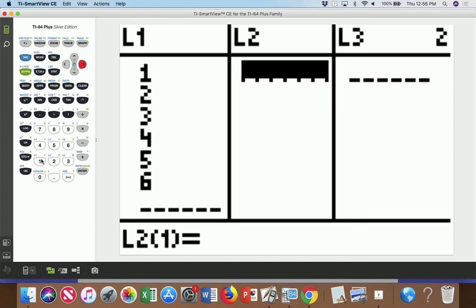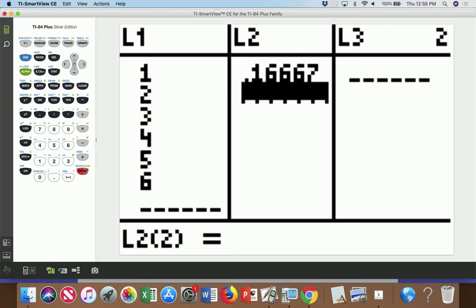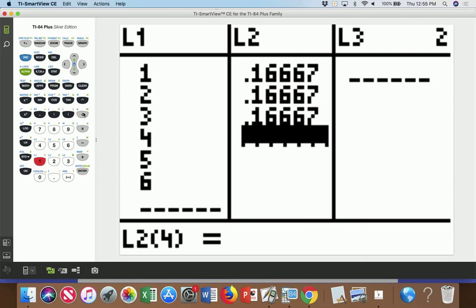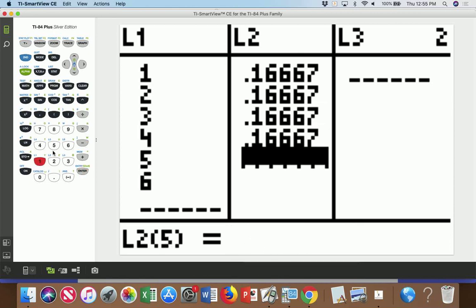How do you get 1 over 6 in your calculator? Just like that, divide, right? 1/6. There are probably other ways, but this is a lot quicker.